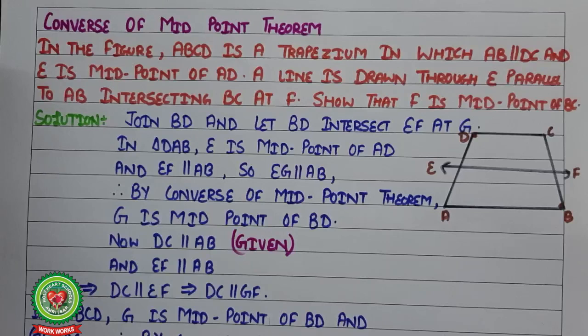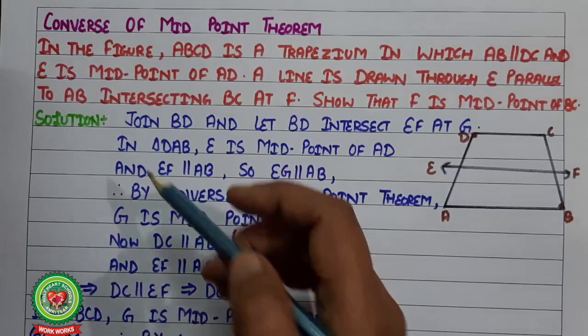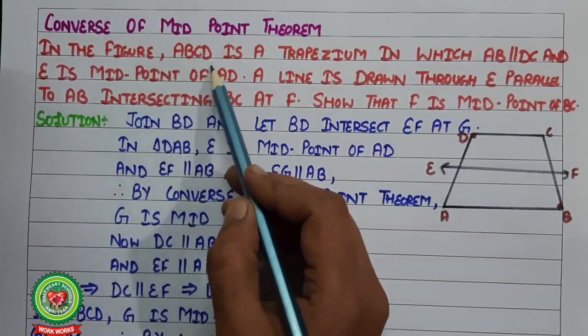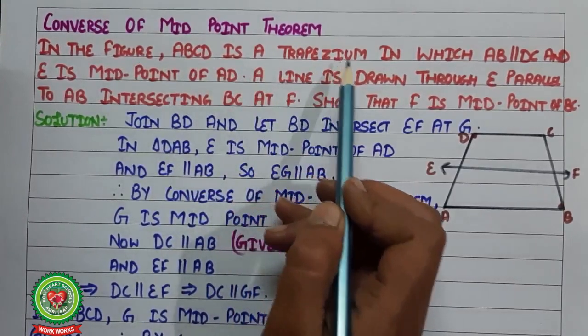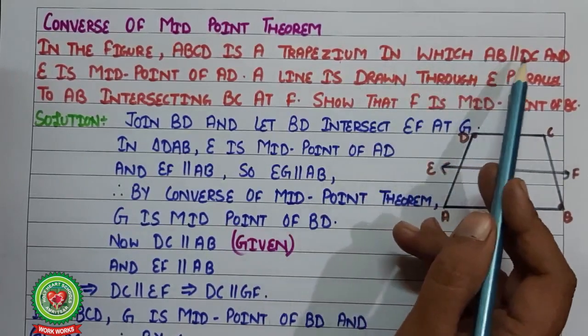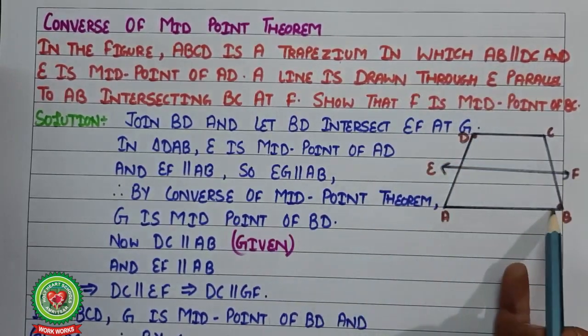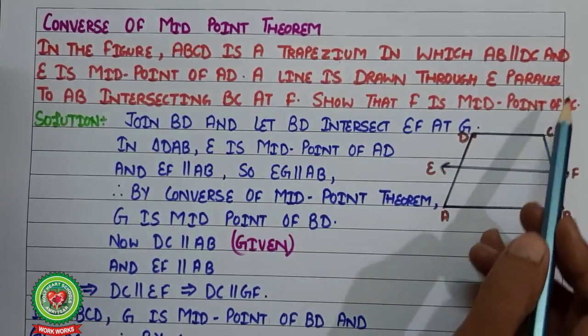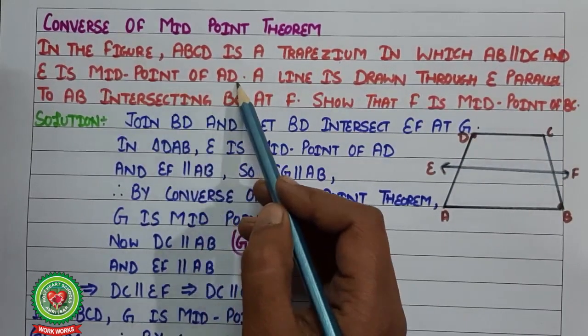Students, see the application of the theorem. The statement is: in the figure, ABCD is a trapezium in which AB is parallel to DC, and E is the midpoint of AD.